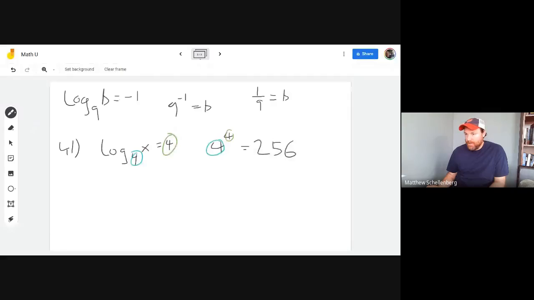Number 43. It basically just tells you to keep going, rewrite in exponential form. I actually think this one is even easier. So this is 43.